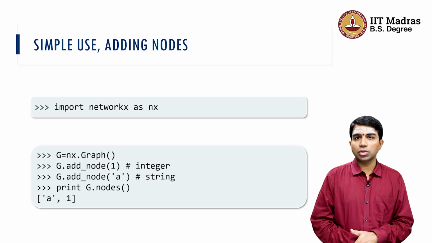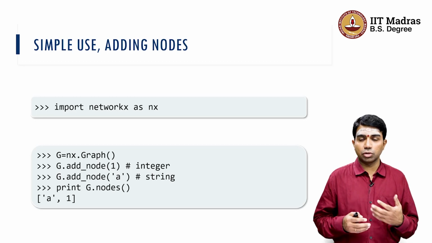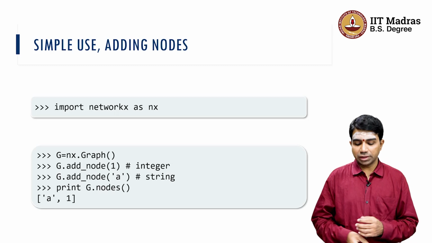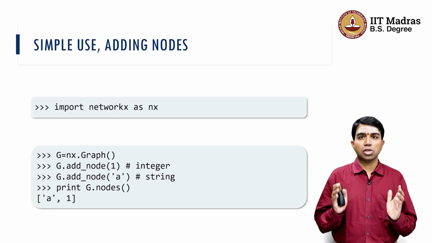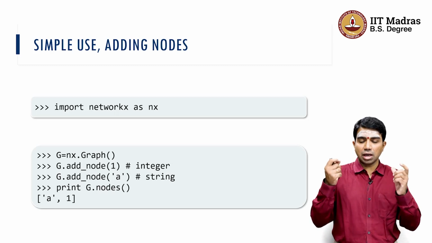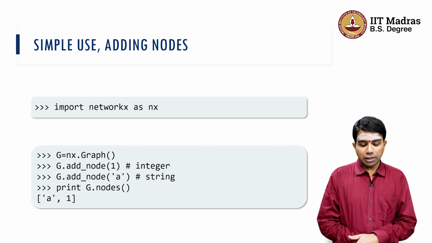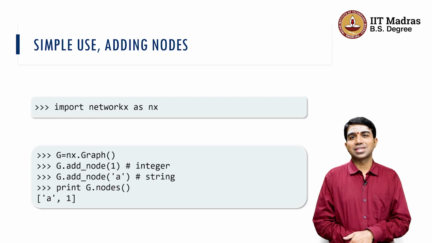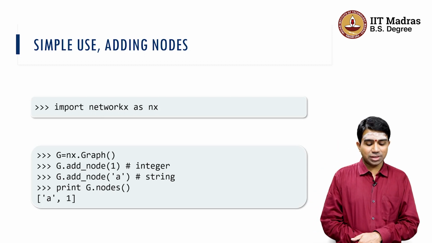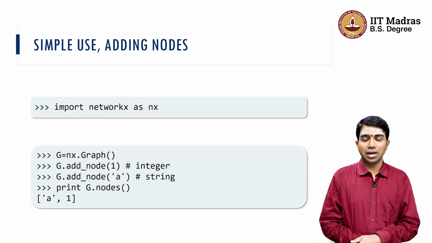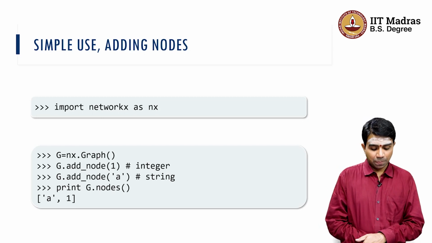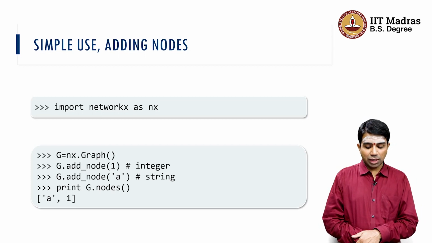So, we will also walk through this in a tutorial mode in a Python notebook, but sometimes it is also helpful to look at code and just commit some of these basic syntaxes to your head. So, import networkx as nx. This is the standard way you would start any program that uses NetworkX, and G equals nx.Graph, and you add node.